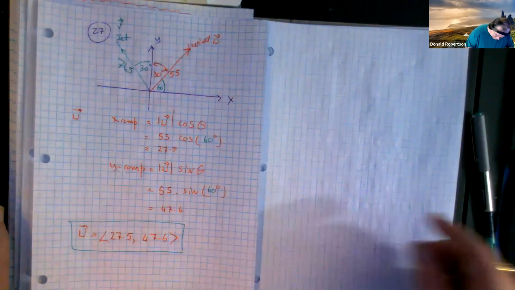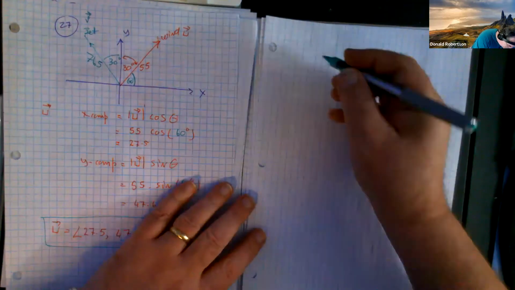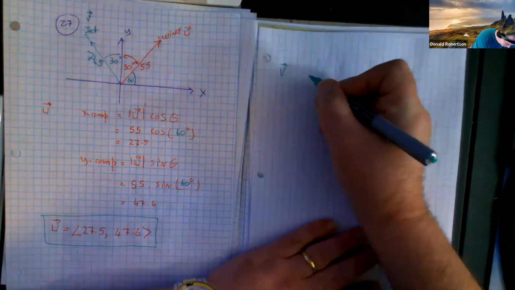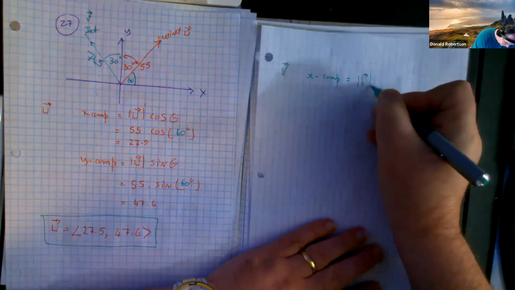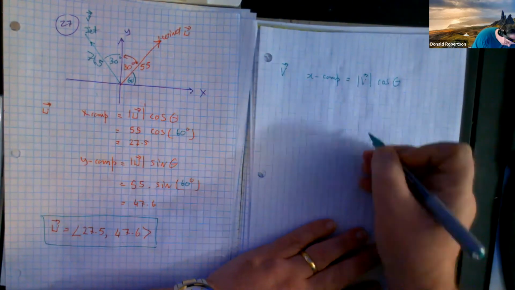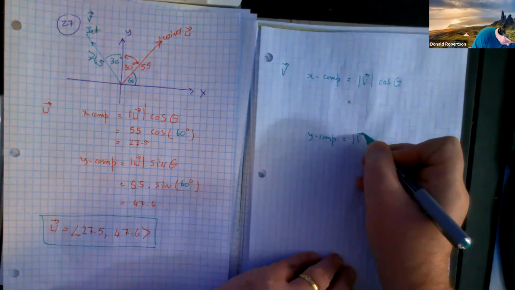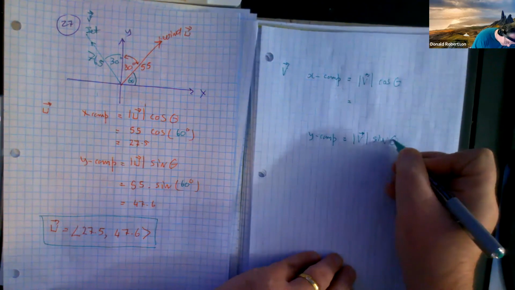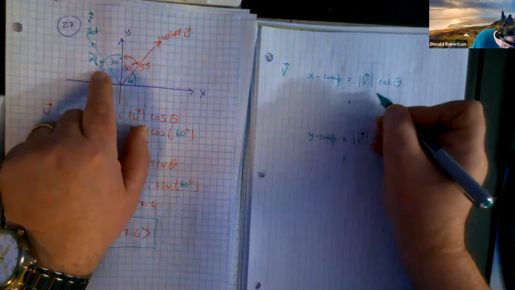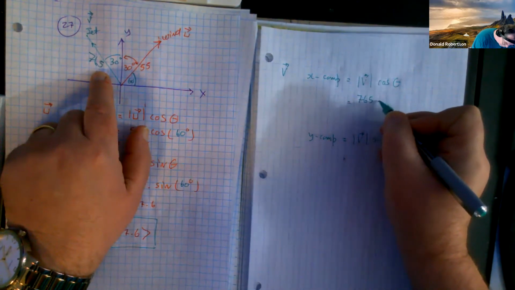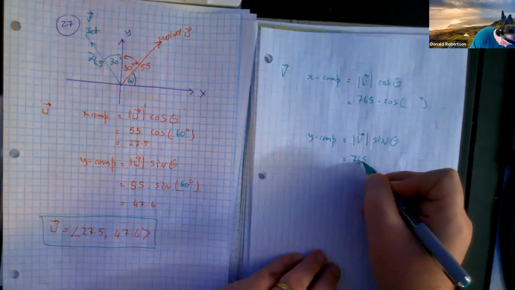And we're going to do the same for the vector V, the jet. And the X component of it is the magnitude of vector V times the cosine of the angle it makes with the x-axis. And the Y component is going to be the magnitude of the vector V times the sine of the angle it makes. And the magnitude in this case is 765 times the cosine of some angle, and 765 times the sine of that angle.